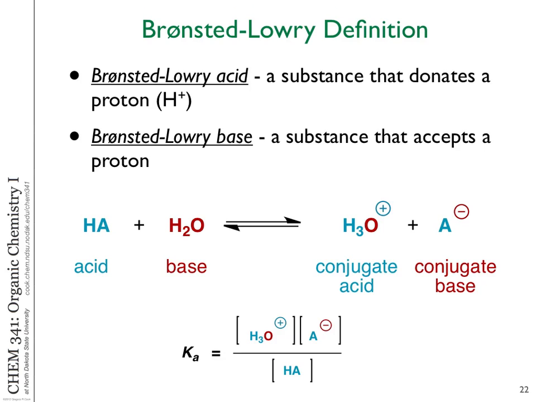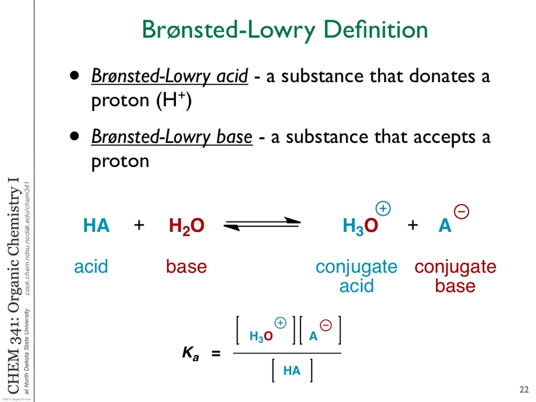Okay? So in this equilibrium, you have some acid HA, or generic acid here. It's not just dissociating on its own. We know that if we put HCl in water, you don't just form H+. You form hydronium ions, H3O+. That proton is being accepted by water.